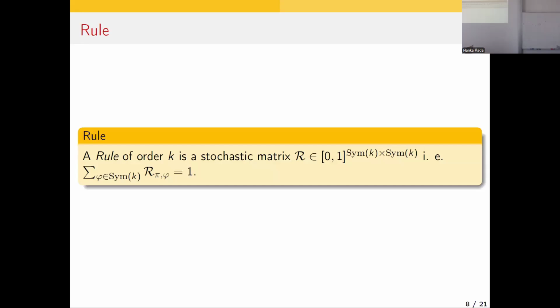And if I write it rigorously, then the rule is this stochastic matrix, and it says if you see one permutation, what are the probabilities of how you change it.